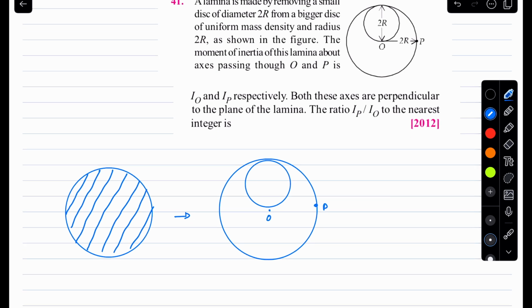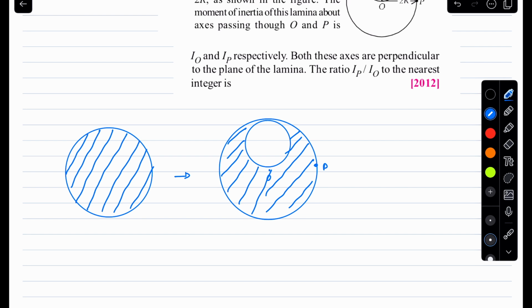Now the mass is only remaining in this space. So I will first think: let's find the moment of inertia of this complete rigid body.